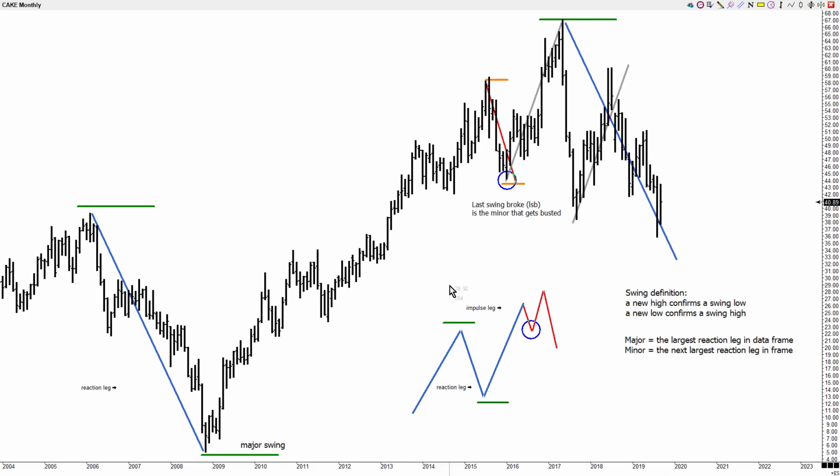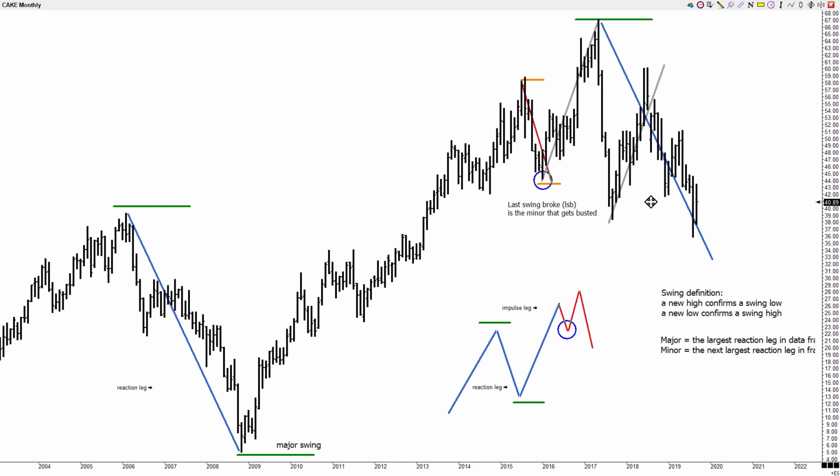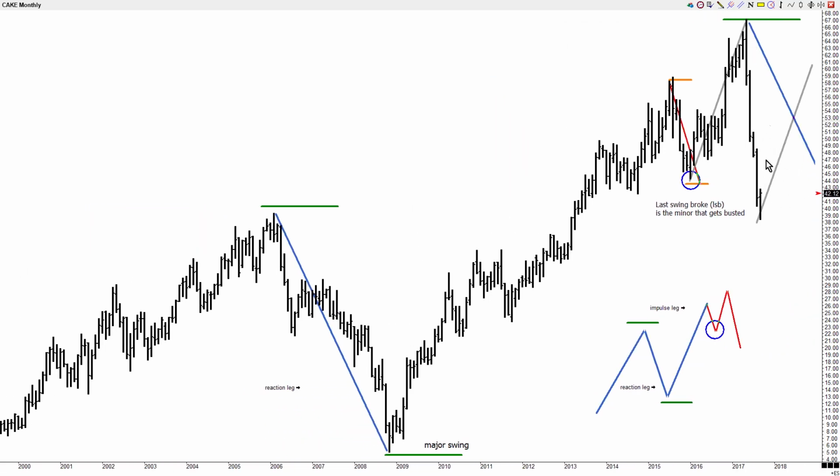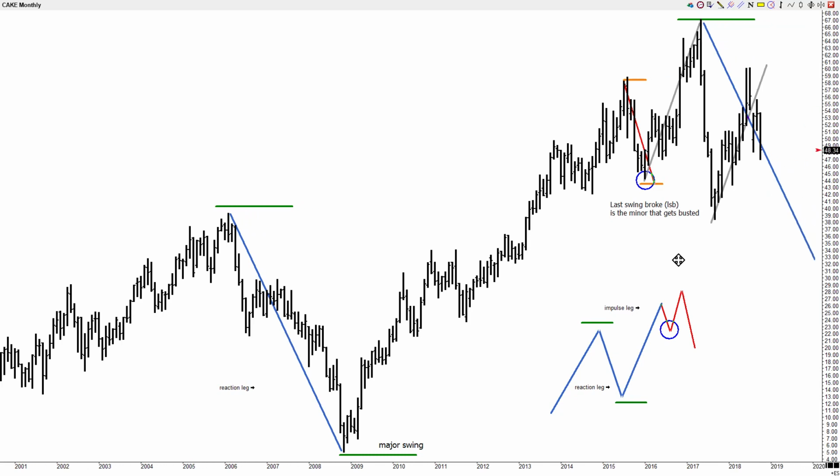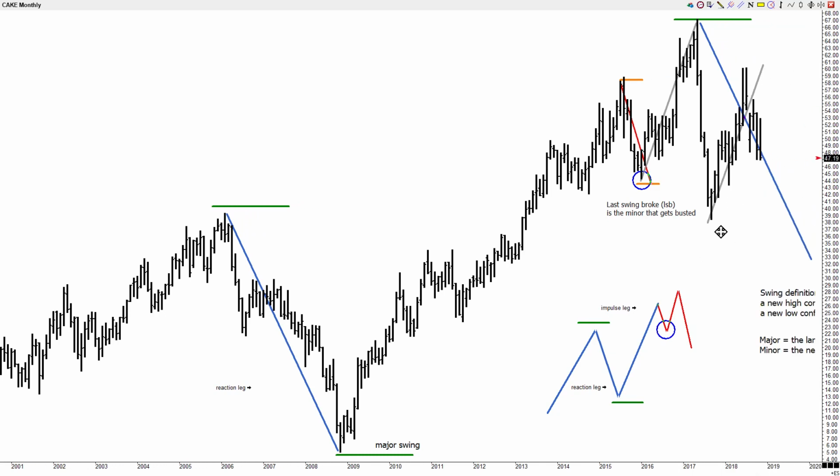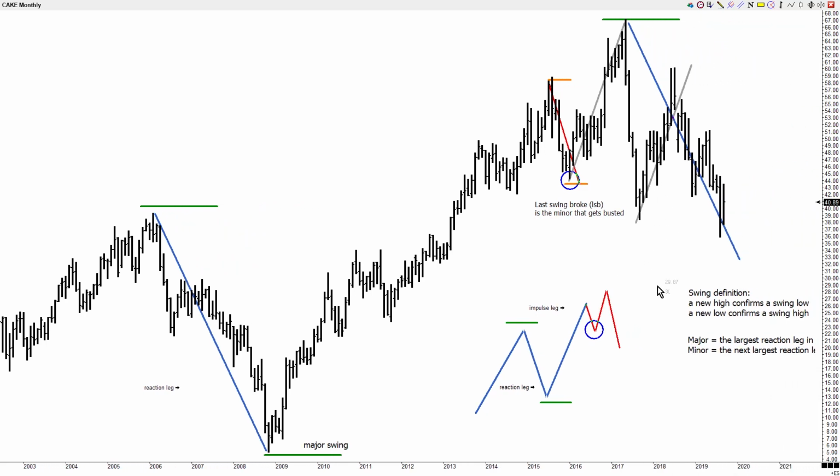But we're not going to get into all that yet, into the functionality. Right now it's going to help us follow the market down with a very first projection. So at this point, you know that swing is busted, and we're perhaps on the way to that blue swing. It's a way to follow this, very important.